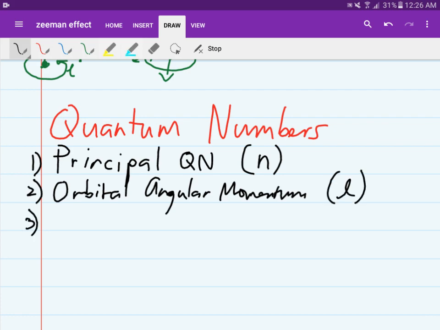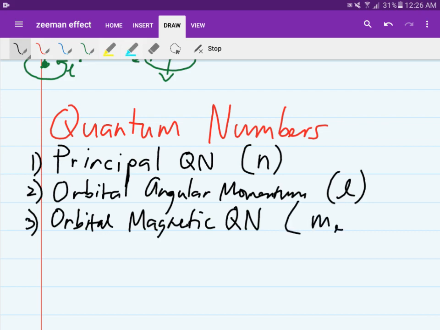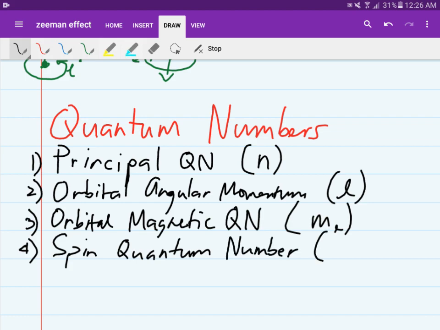Three, we have our orbital magnetic quantum number, denoted by ml, and lastly our spin quantum number, denoted by ms.